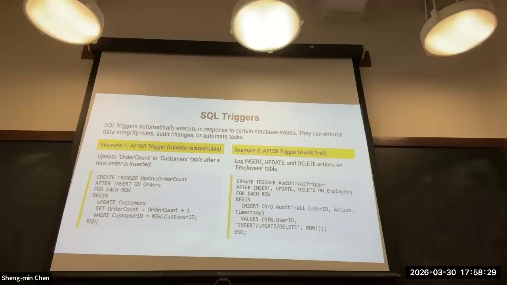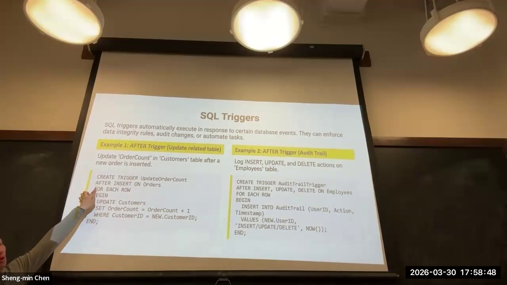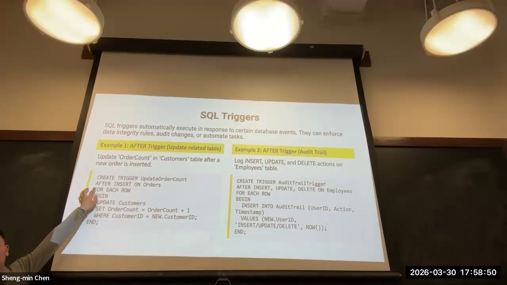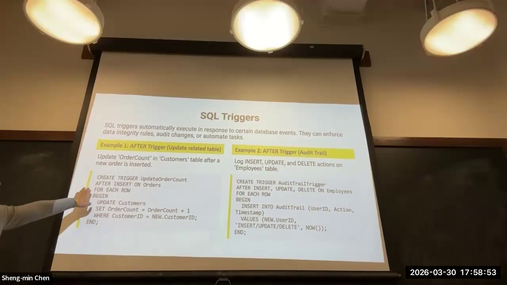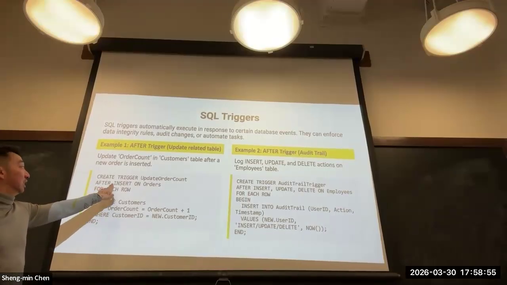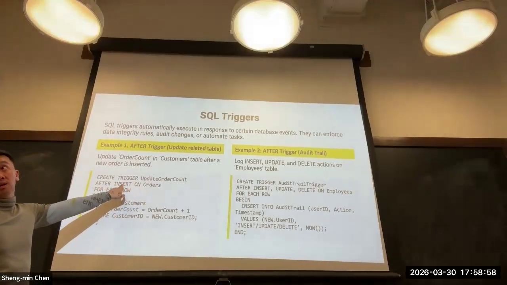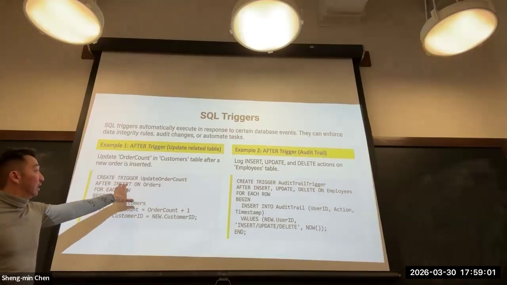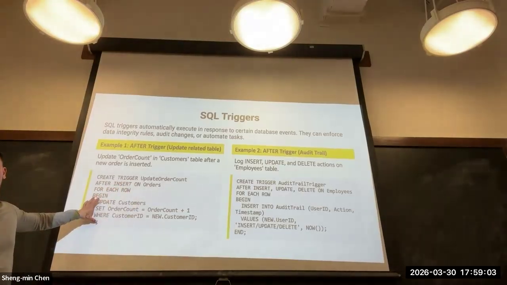Whenever there's a new order that comes in, what it will do is go and add one to the order count of the customer who placed an order. So this is the actual action for the trigger. And then this over here, after insert on orders, is actually what it's listening for. So it's listening for insertion on the orders table. And when there is an insert, this is what you want this trigger to do.